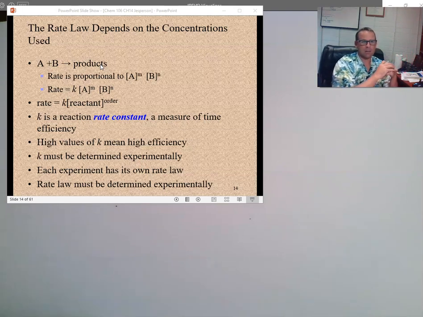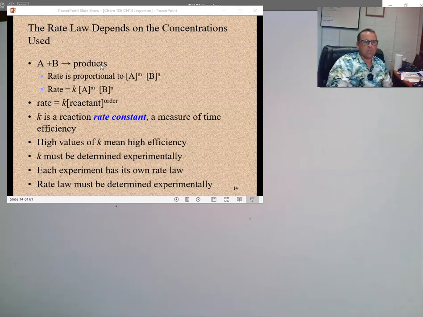It's all about the reactants. Therefore, the rate law, the information about how fast a reaction occurs, doesn't even mention anything about the products.